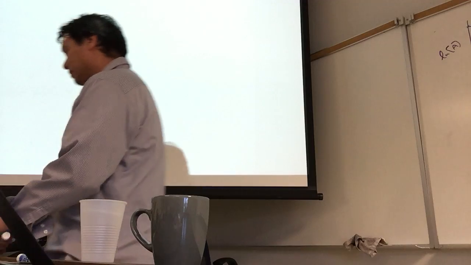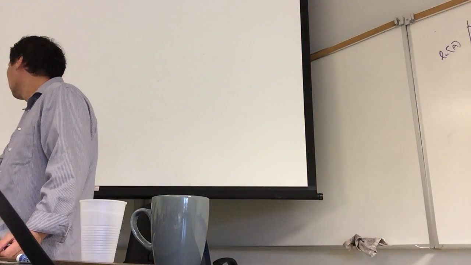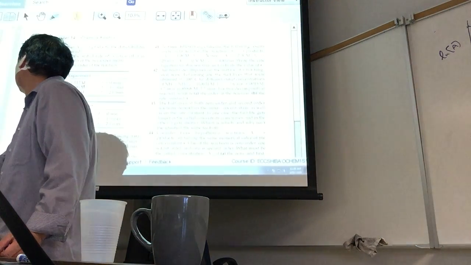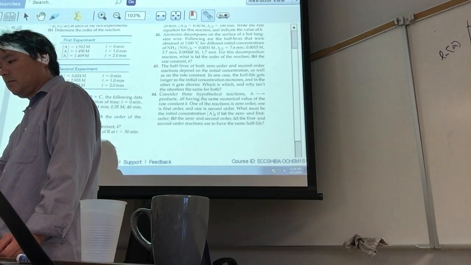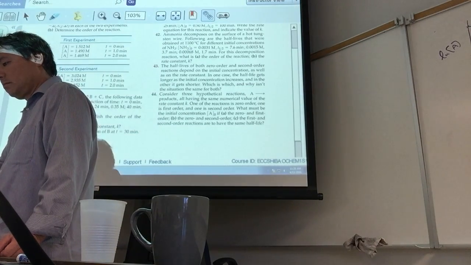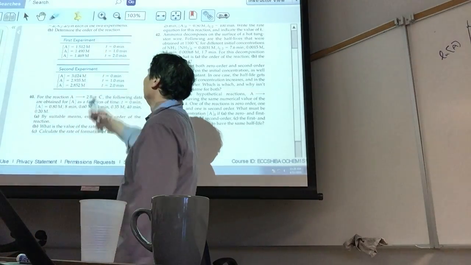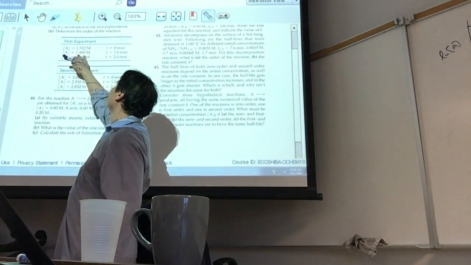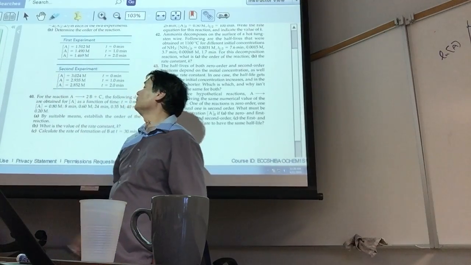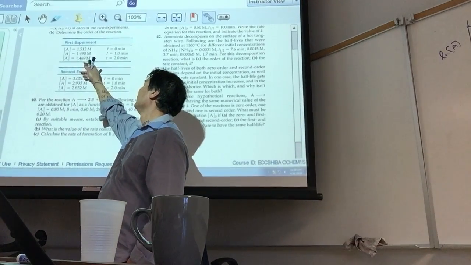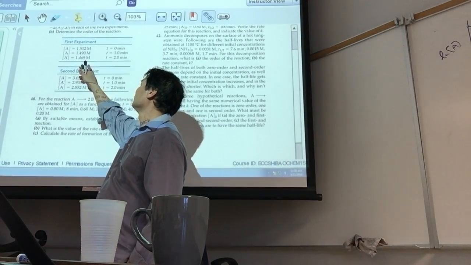And so let's pick 3 data points here. And so I look at this first experiment here. I have 3 data points. So I should be able to figure out if this is zero, first or second order by either graphing it.